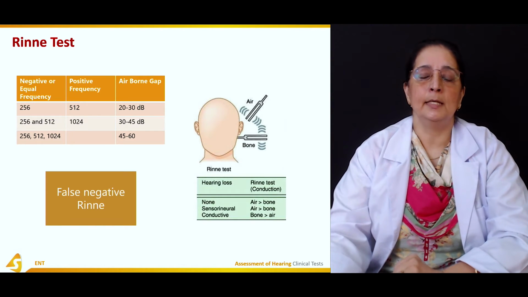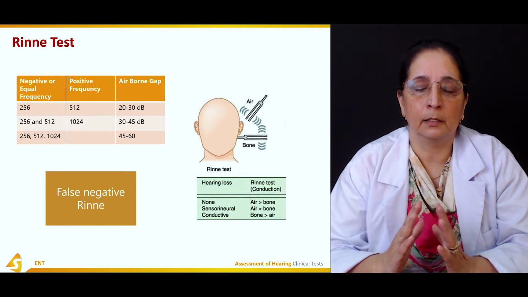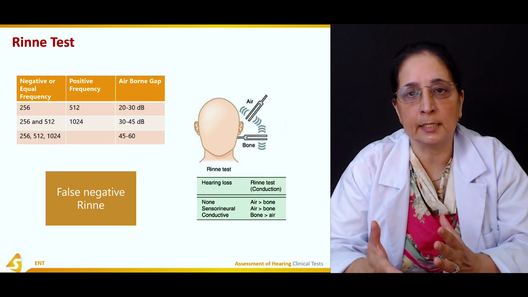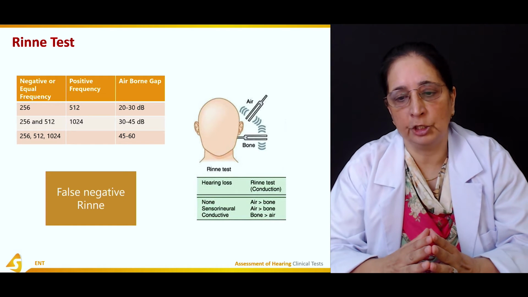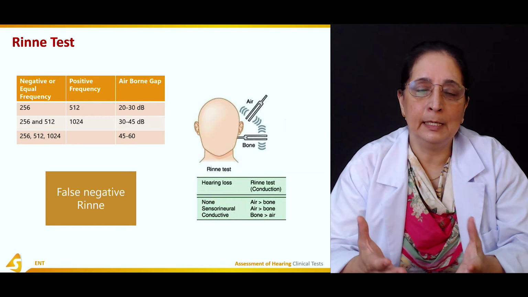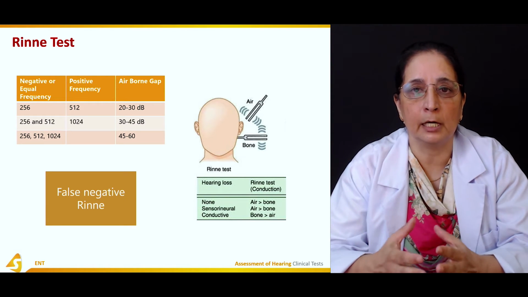Rinne's test is performed to test the air conduction and the bone conduction of the patient. Normally, the air conduction is longer than the bone conduction.